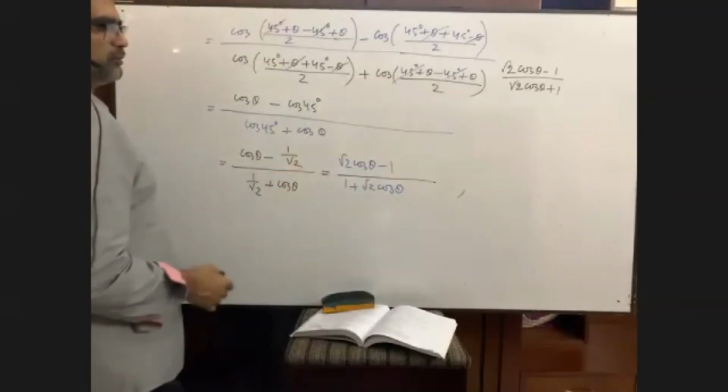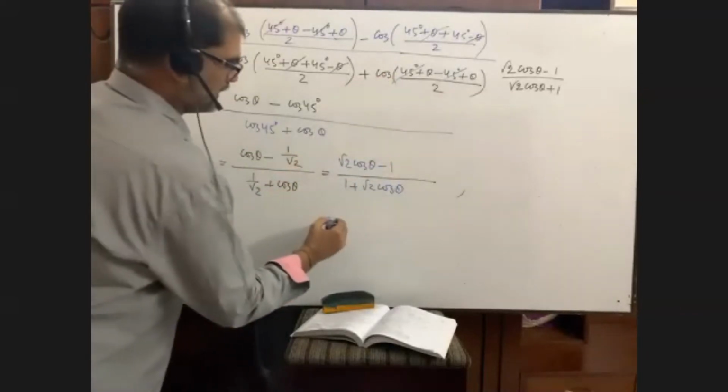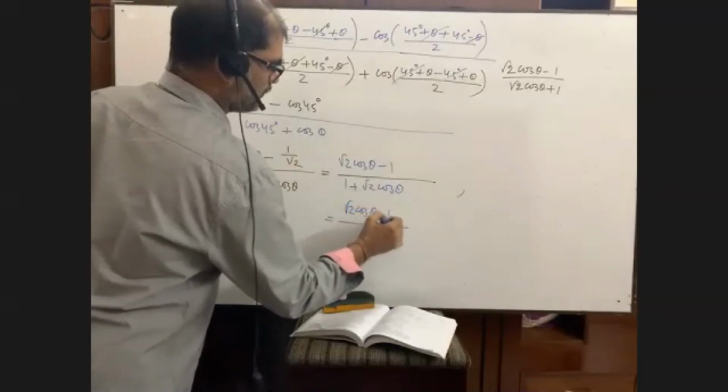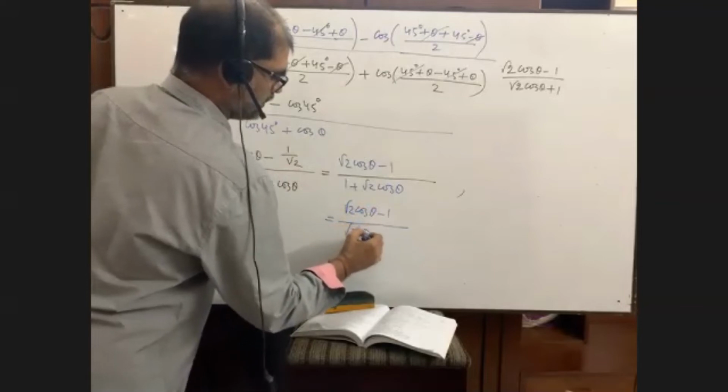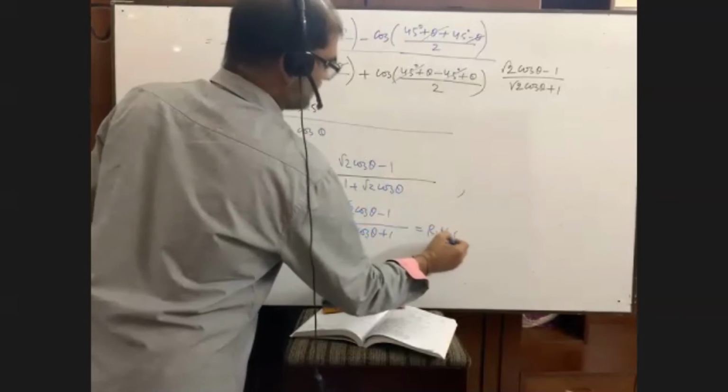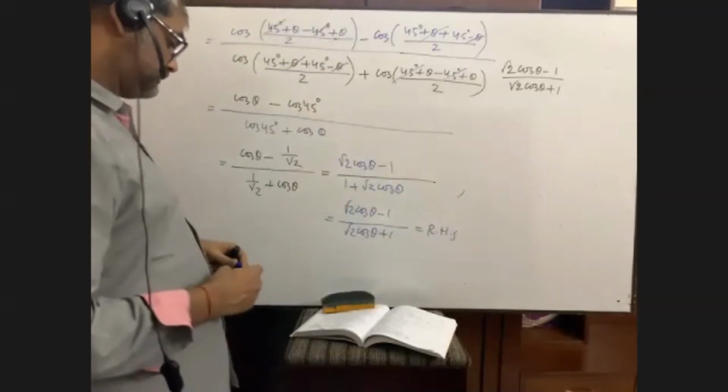And you see that our proof is done. Just one line is left. You can do or you cannot do, it is immaterial. Root 2 cos theta plus 1 equals to right hand side. This math will be given in the examination.